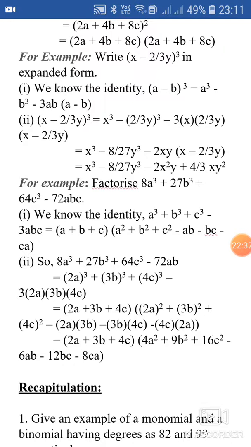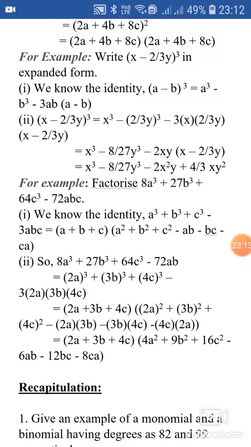Then comes the factorization with the 8th identity, the last one: 8a cube plus 27b cube plus 64c cube minus 72abc. It is used with the 8th identity. 8a cube can be written as (2a) whole cube, 27b cube is written as (3b) whole cube, and 64c cube can be written as (4c) whole cube, and 72abc is written as 3 into first term into second term into third term.